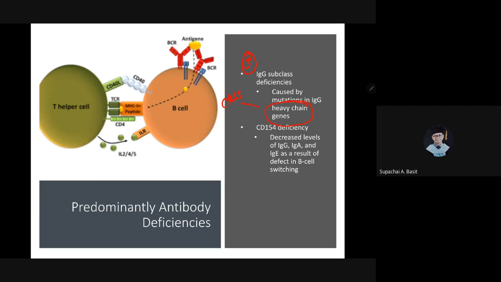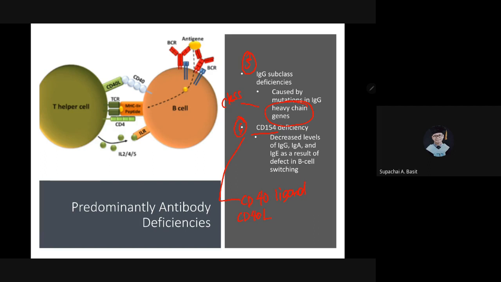Okay. And then the sixth disorder under this category is CD154. By the way, CD154 is also known as the CD40 ligand, or sometimes you will see CD40L, meaning to say when you say ligand, this is where the CD40 will actually attach.